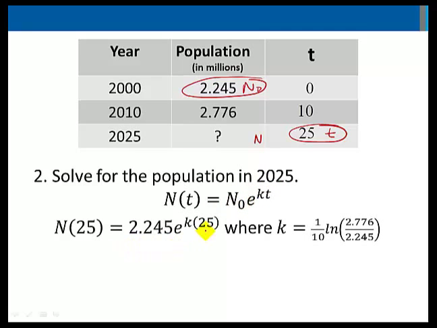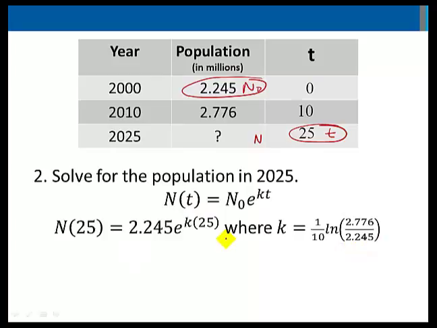I'll plug those in. So n, the population in 2025, will be equal to 2.245 (n naught) times e raised to the power of k times a t value of 25, where k equals 1/10 times the natural log of 2.776 divided by 2.245.